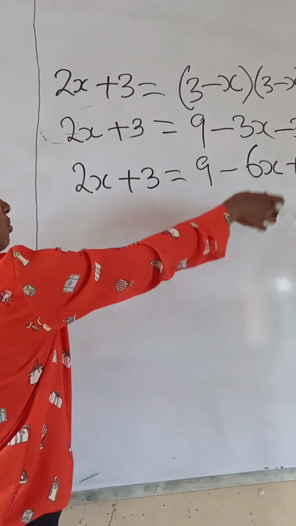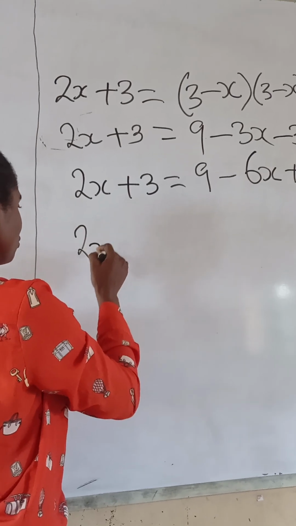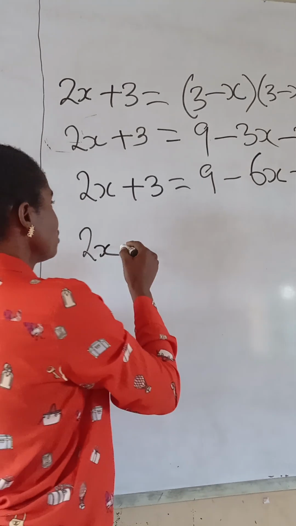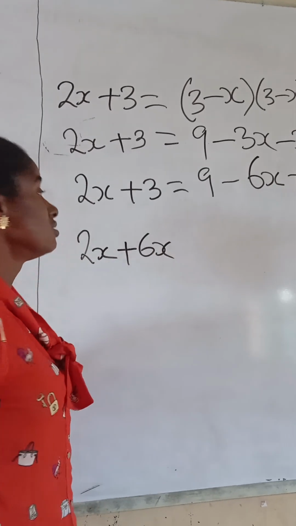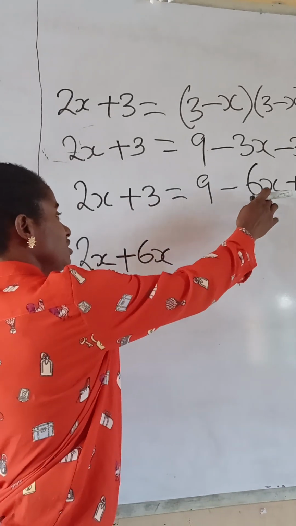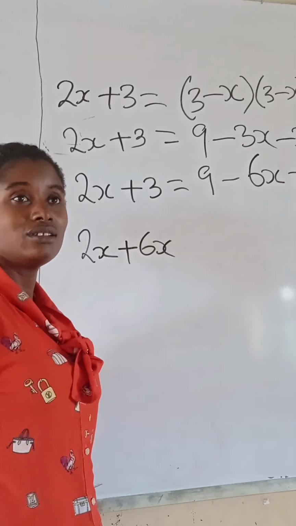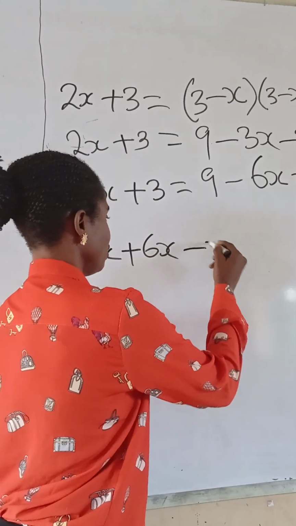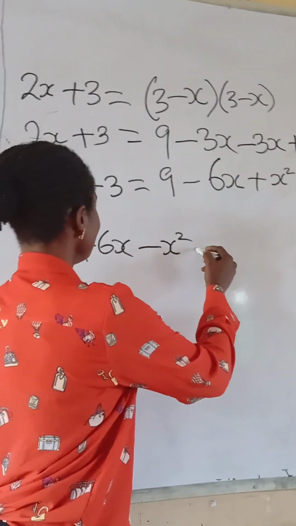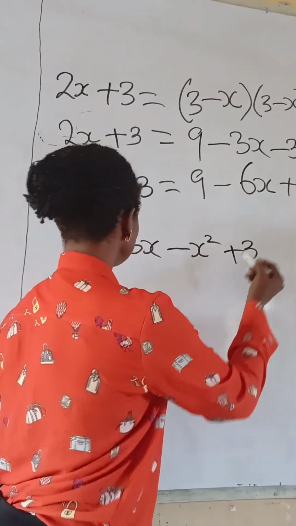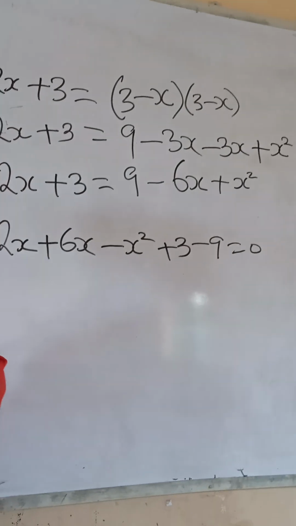So from here, we are going to collect the like terms. We have 2x plus 6x, because this minus 6x is crossing the equality sign and the sign will change. And we have minus x squared, we have plus 3 minus 9 is equal to 0.